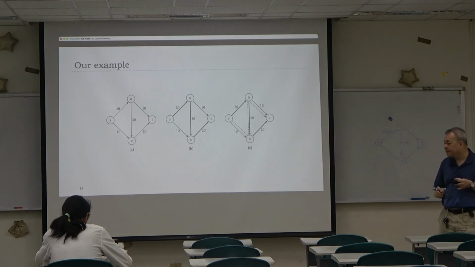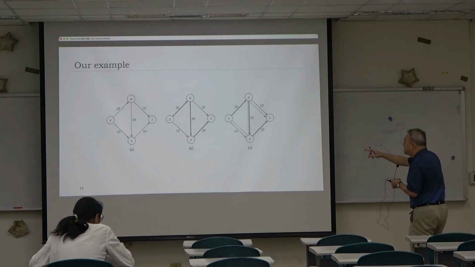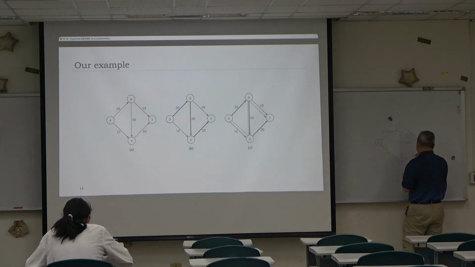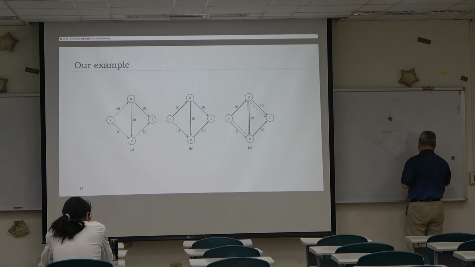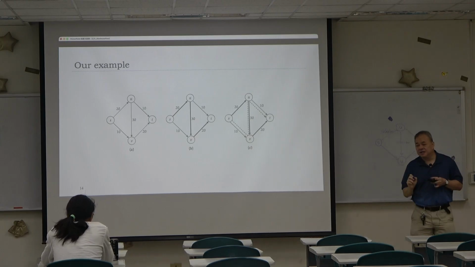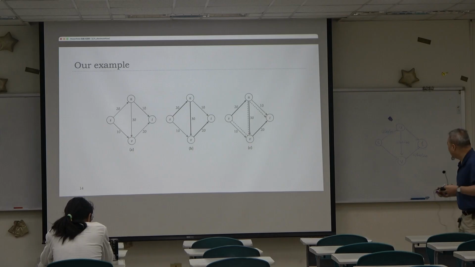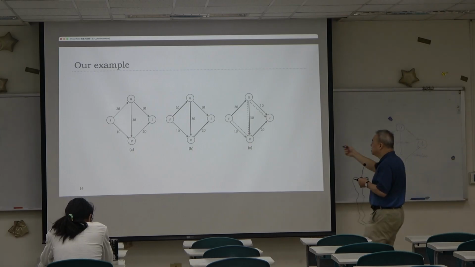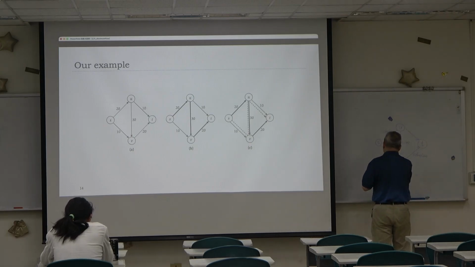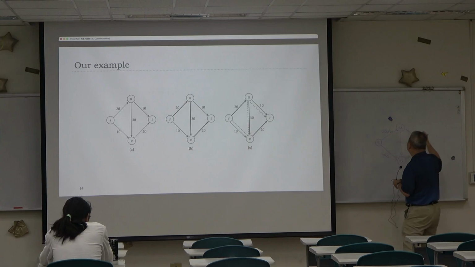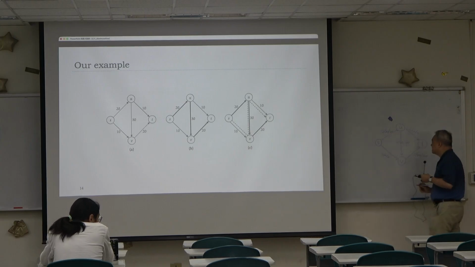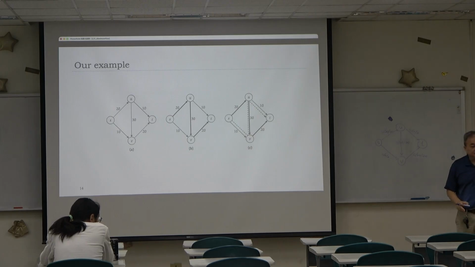And from V to T it is going to be 0, 20, negative 20. We still have two other edges. So it's 10, 0, 0, right? So far so good, right?